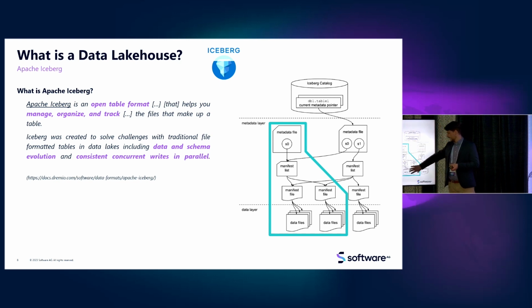And this snapshot has one or more data files, one or more manifest files, which hold some metadata on the actual data. And then there is a manifest list, basically pointing to those manifest files. And then there is one metadata pointer, which points to the most recent version.